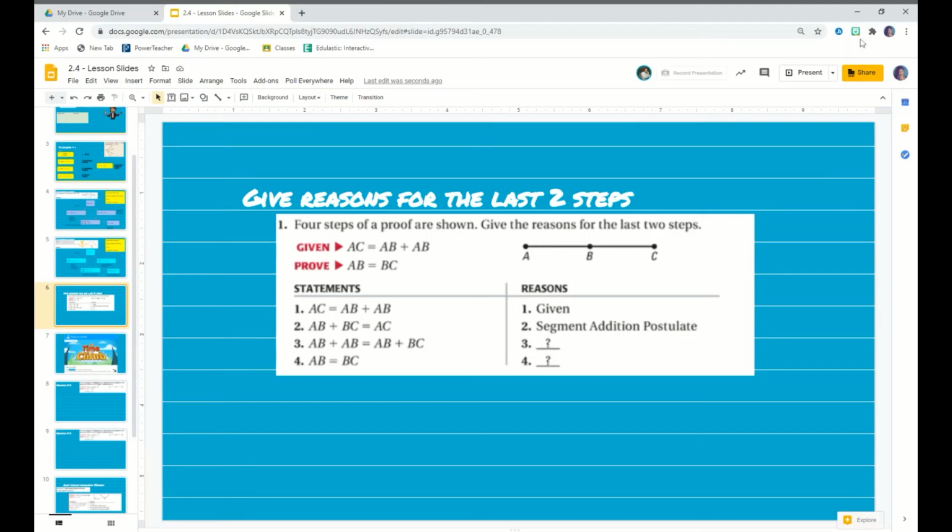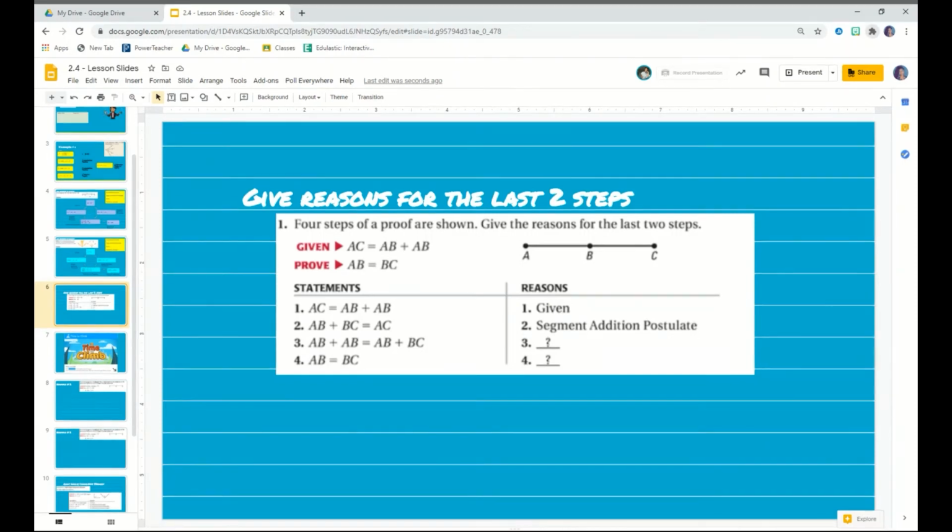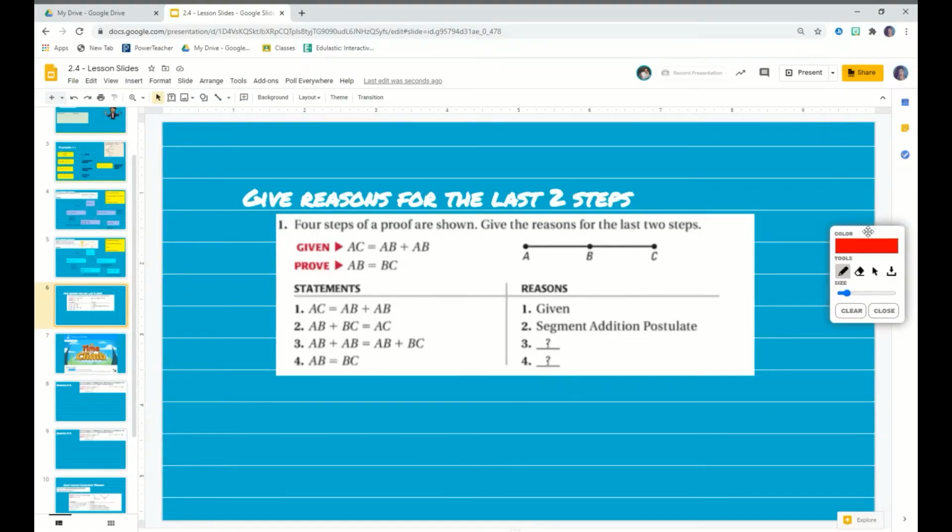We want 2 times AM. So we actually want AM here. So I'm going to replace MB with AM. Substitution.